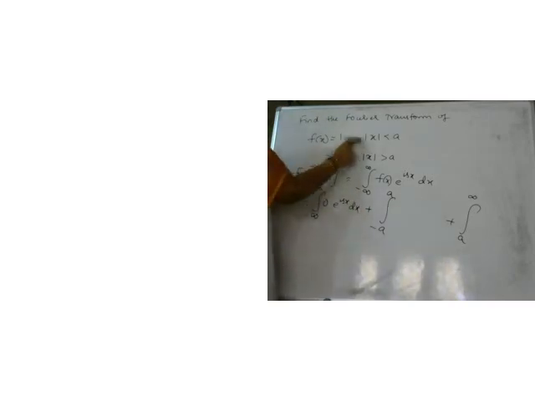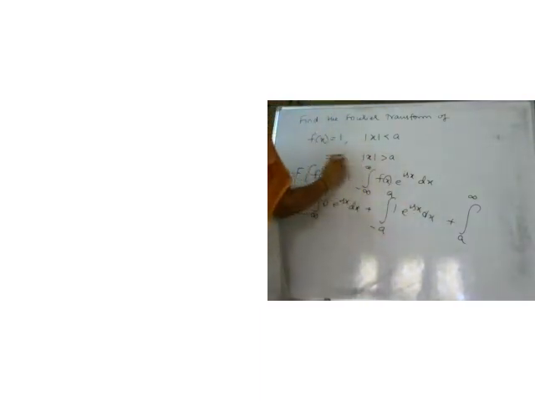From minus a to a, the function is taking 1. Again from a to infinity, the function is taking 0. So this integral is 0, this integral is 0. We are left with only this function.